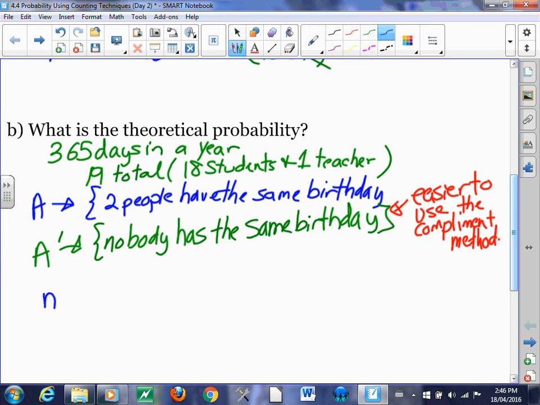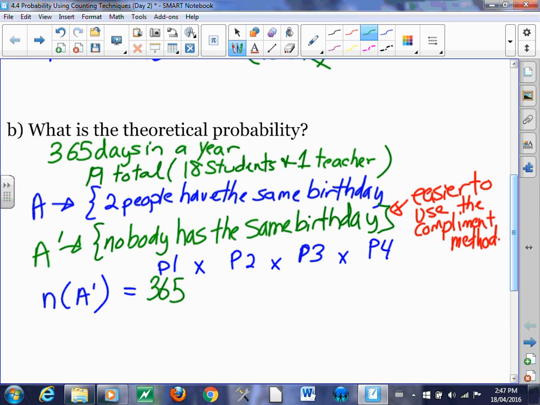Now we're going to find the number of ways that this doesn't happen. The number of ways of the complement, meaning nobody has the same birthday, is as follows. We start with person 1, times person 2, times person 3, times person 4. Person 1 doesn't matter who we start with, they could choose any of the 365 days of the year.